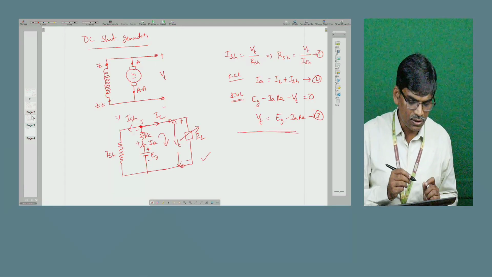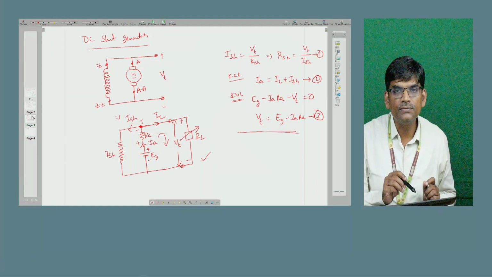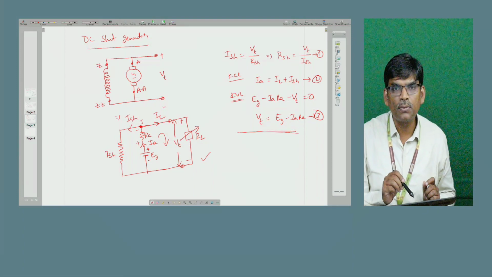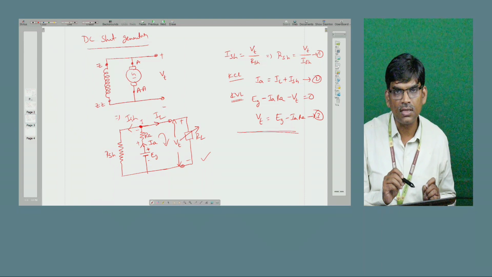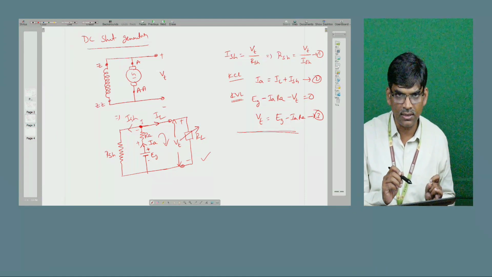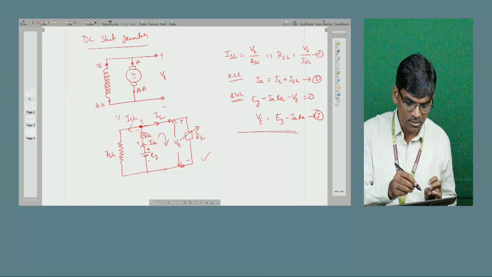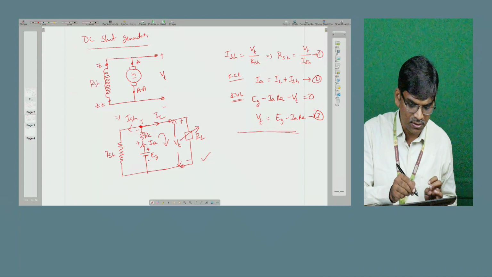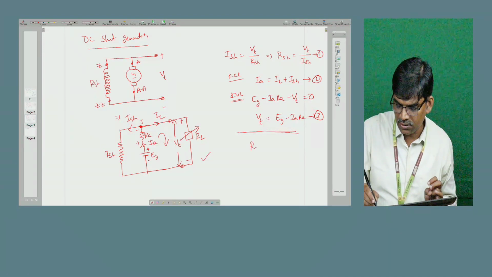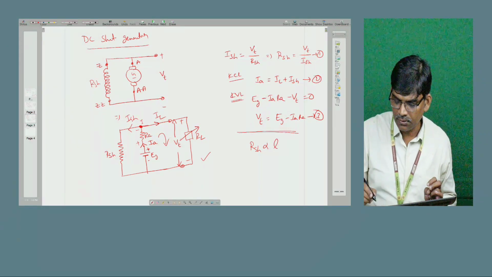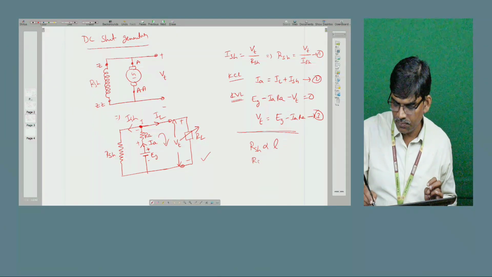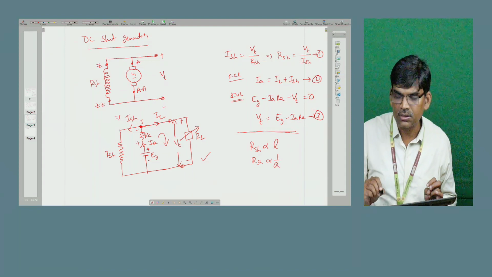We observed that in the DC shunt generator, the field winding has more number of turns and less cross sectional area. The resistance of any winding is directly proportional to the length of the coil or winding, and inversely proportional to the area of cross section.